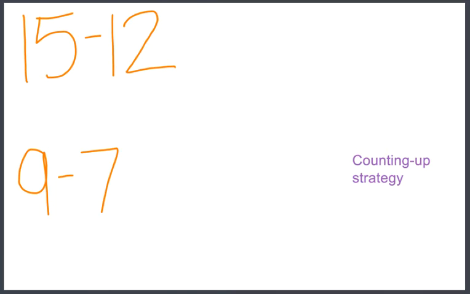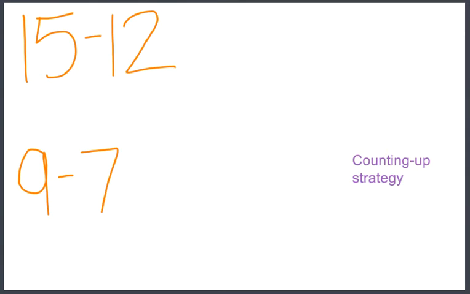Well, when the numbers are close together, it is easy to subtract by counting up. So when we look at 15 and 12, we think about them on a number line or on a hundreds chart, these numbers are close together. That means that it is easiest to use the counting up strategy.